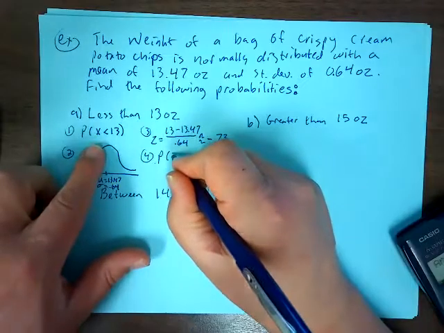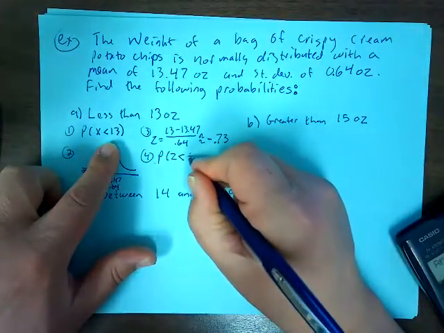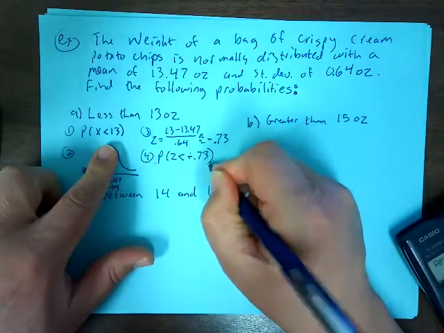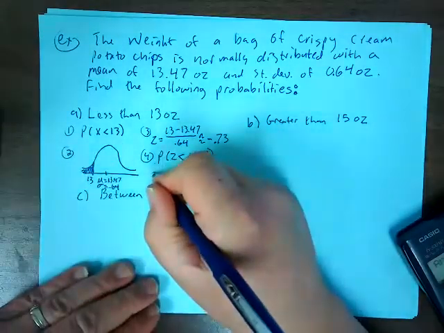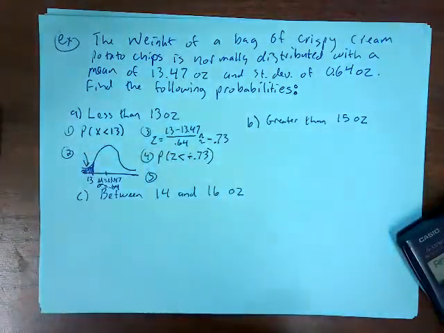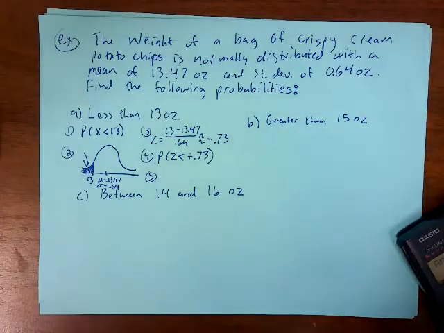I've changed my x to a z, and the 13 to the corresponding z-score. And now I find the z-score probability. I'm going to get the area below, so this is like the first case, the less than probability.